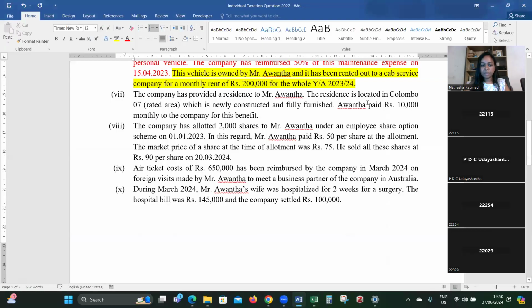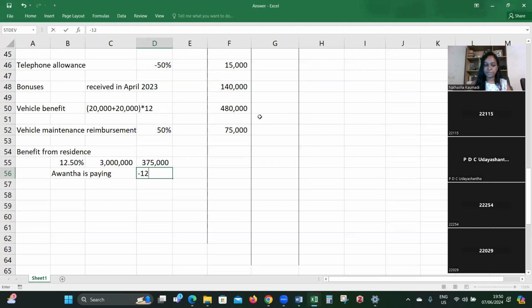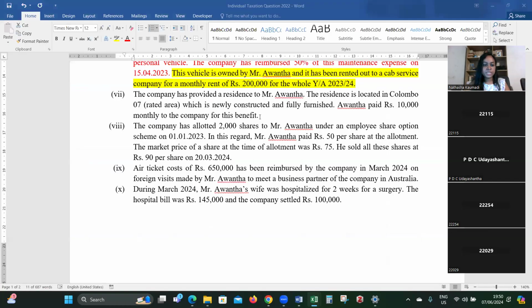Monthly he is paying 10,000 rupees, right? Avantha paid 10,000 monthly to the company. That means multiplied by 12, 120,000. Avantha is paying 120,000 for the whole year. Then what is the benefit? Benefit is 255,000, not 375,000, 255,000. Right. I hope that's clear. If you have any doubts, you can ask.